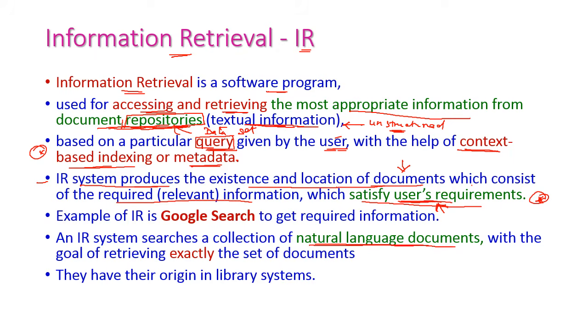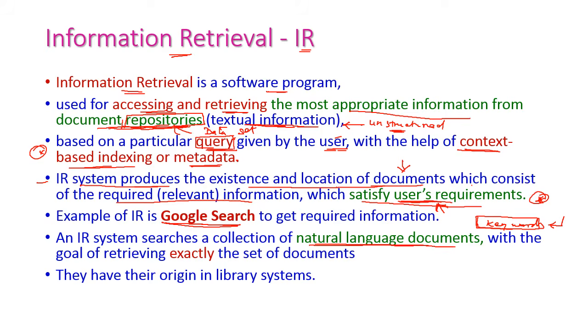For example, we can take Google search. In the Google search text box we can type the required information, which is otherwise called keywords, and these keywords act as a query here.